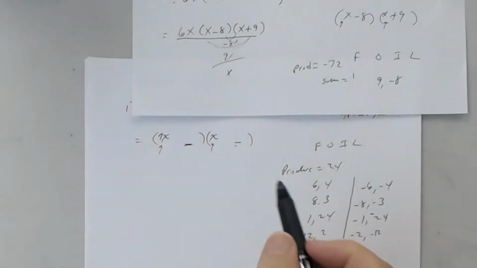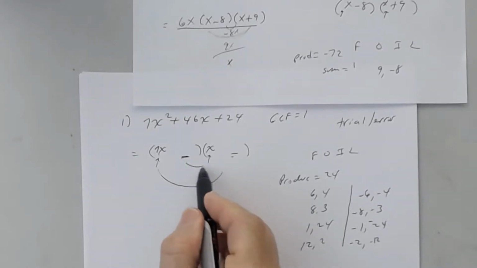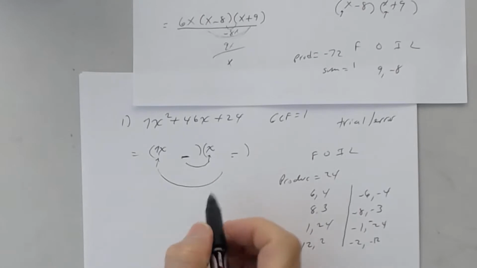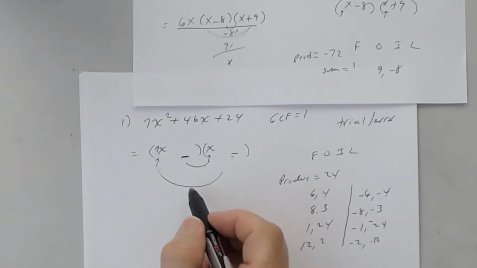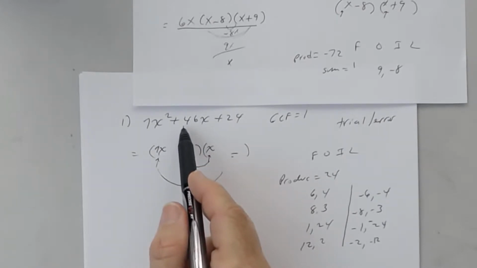But I want you to think about something. When I look at the outer and the inner, just like in the first three problems and just like we did last week, I want that sum to be the middle term, right? What is the sign of the middle term? Positive.